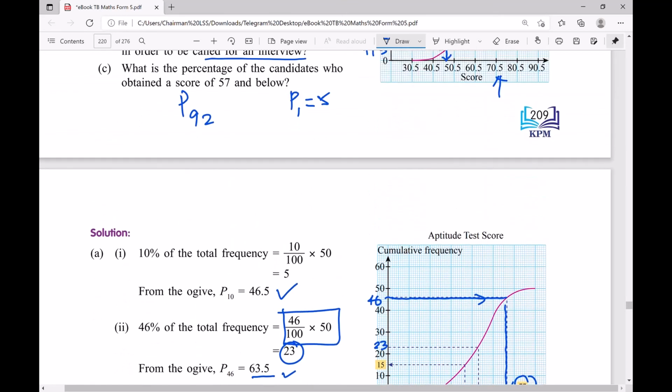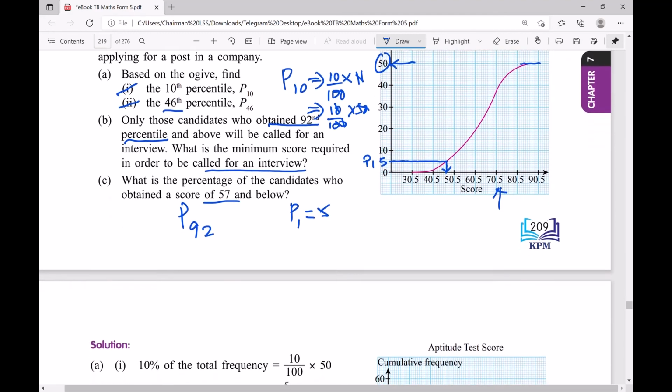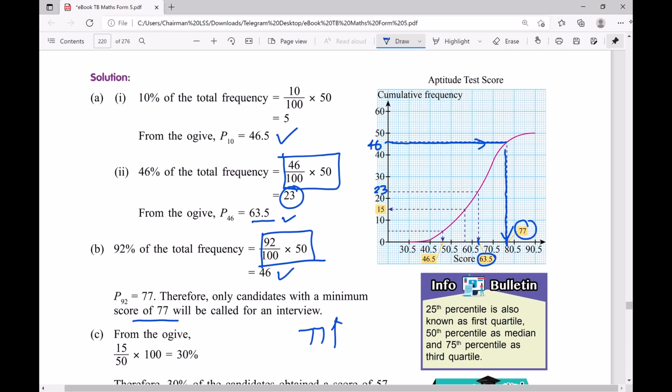Okay, so the next question is, what is the percentage of the candidates who obtain a score of 57 and below? So 57, where do you want to find it? From your y or your x? This 57 is the score, right? So you have to find it on your x-axis. 57 is here.